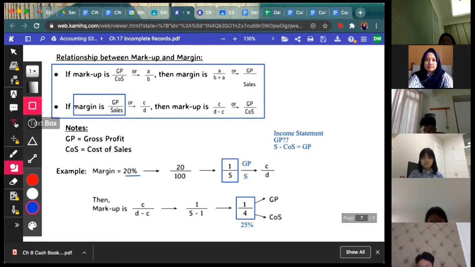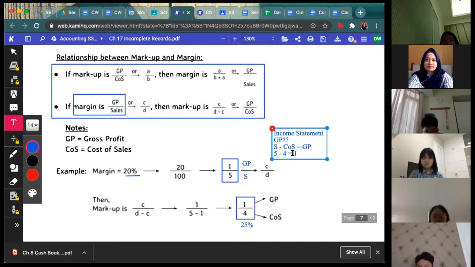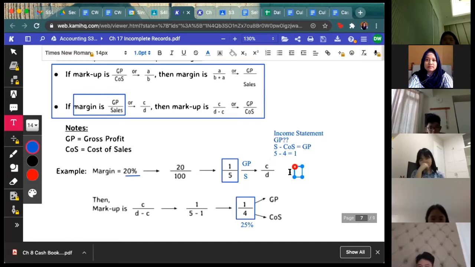If I substitute here, then you will see the connection: sales is 5, cost of sales is 4, and gross profit is 1. You can use this simple equation from the income statement, and then you can change it into a margin or markup. Another example.